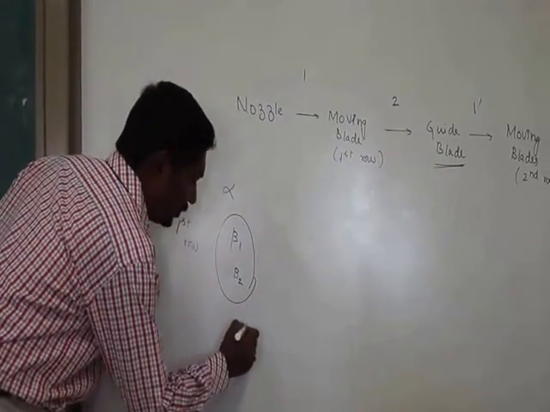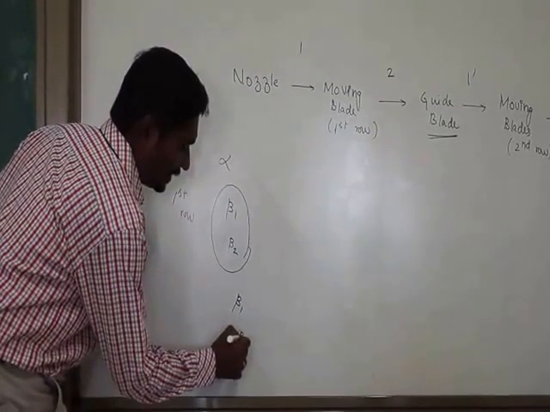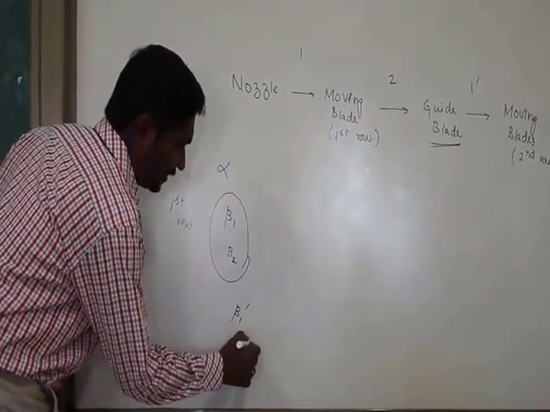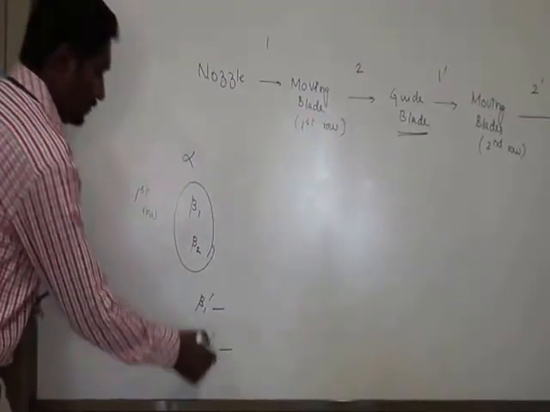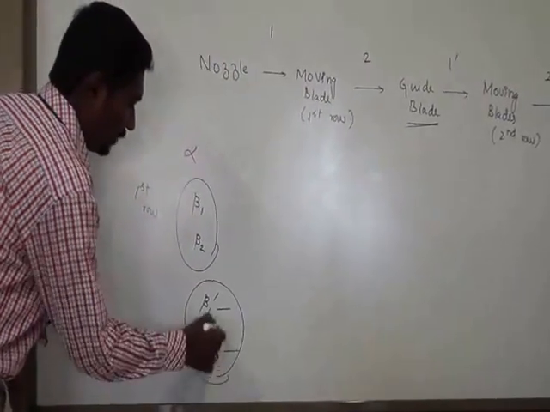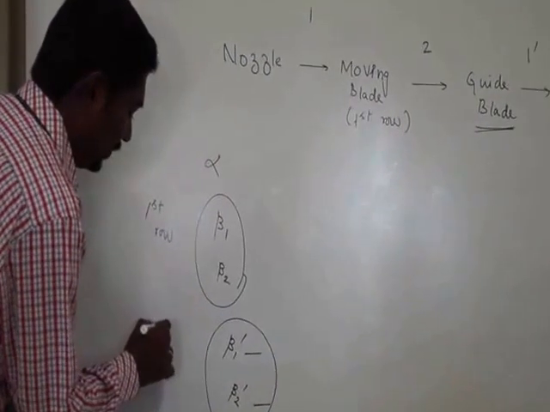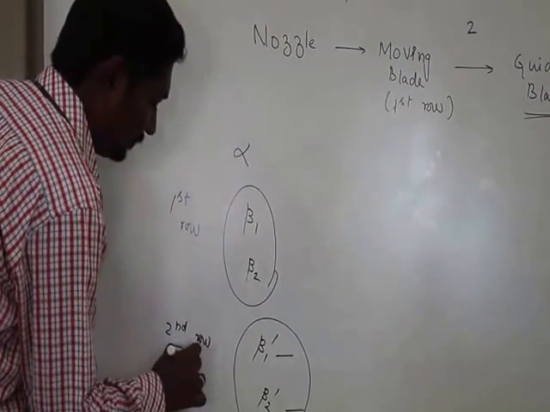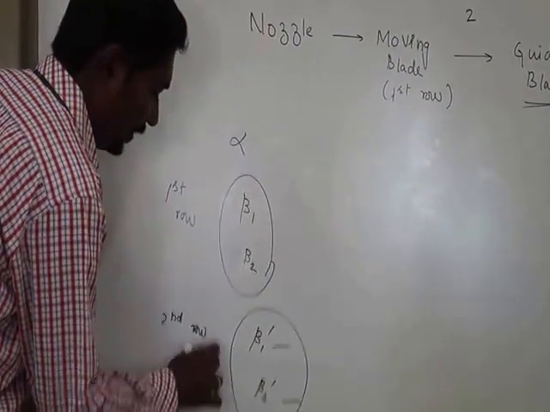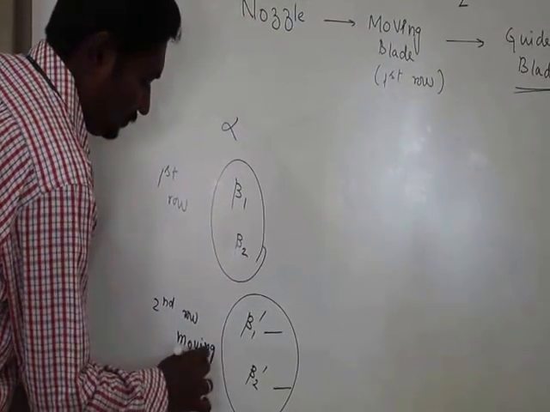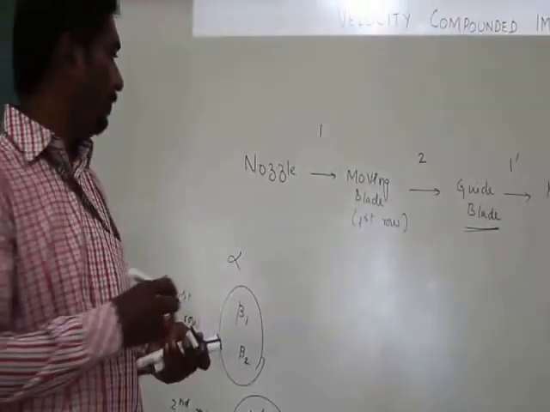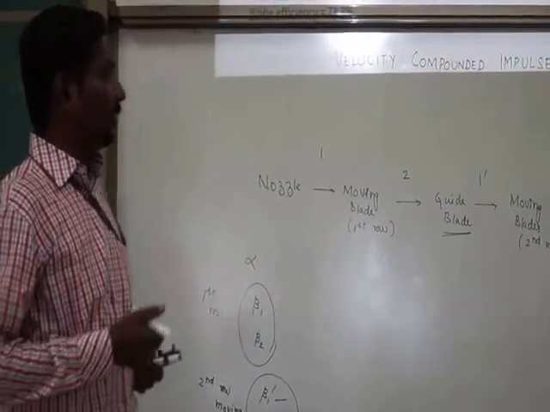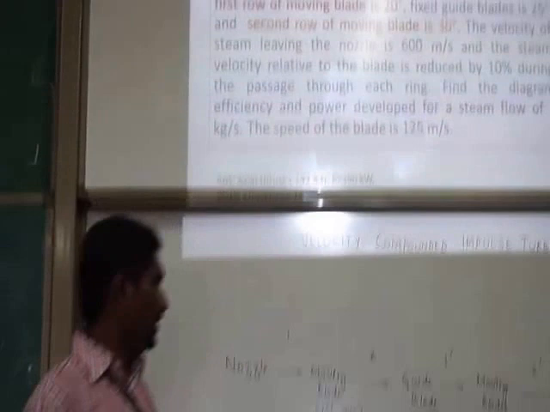Similarly, for the second row, the blade angles are represented like this: beta 1 dash for the inlet and beta 2 dash for the outlet. So dash or prime refers to the second row of the moving blade. Rest of the notations are exactly the same.